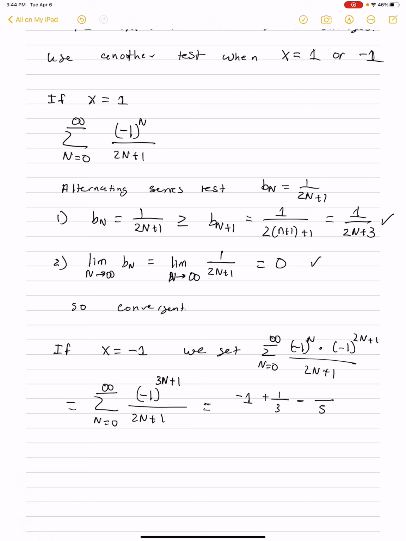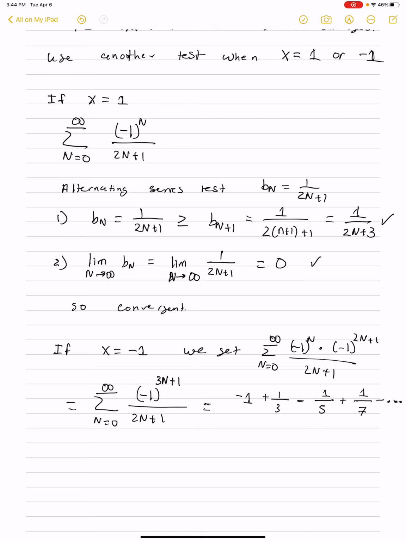And the next term will be, excuse me, n equals 3. So that will be 7. And minus 1 will be to the power of 10. So that'll be positive, and then it'll be negative, and it keeps going.